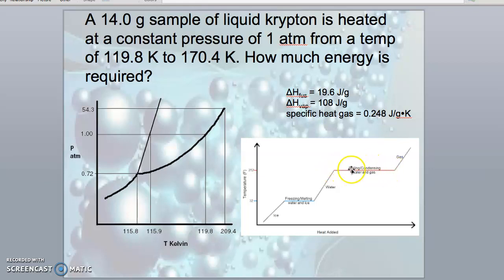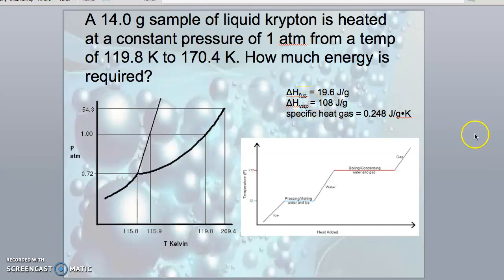That's the phase change going from liquid to gas. So that's going to be Q equals mass times the delta H of vaporization. And then we also have to do Q equals mass times C times delta T in the gas phase. So we have the specific heat of the gas. We have the delta H vaporization. We don't need the delta H of fusion.